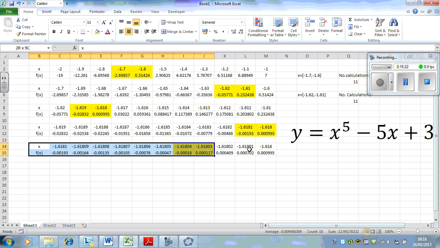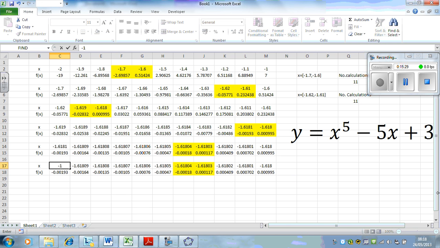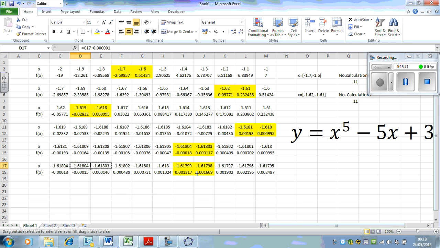And we're going to keep going because we haven't quite got it to 5 significant figures yet. Okay, so minus 1.61804, and we're going up in even smaller steps. Look how easy this is with Excel. Right, we're getting really tiny numbers there.